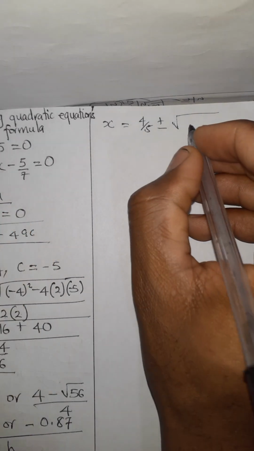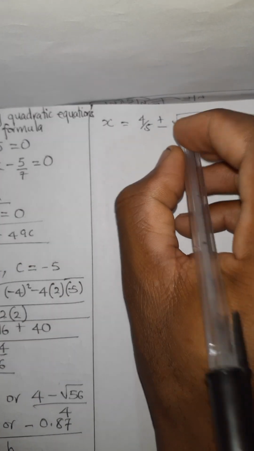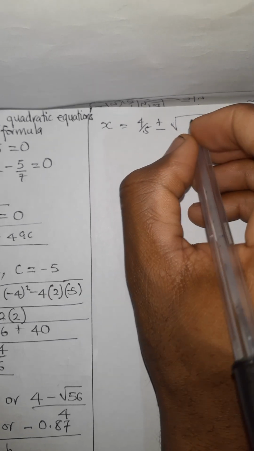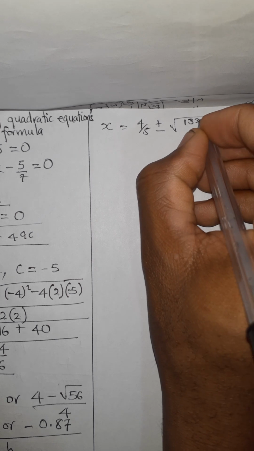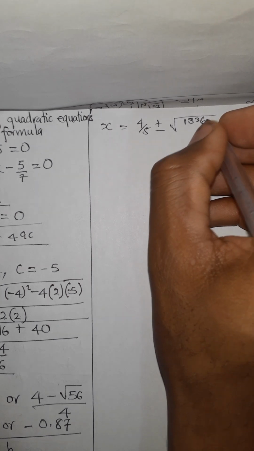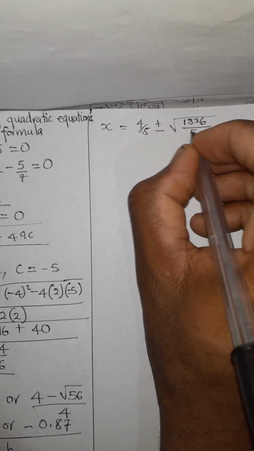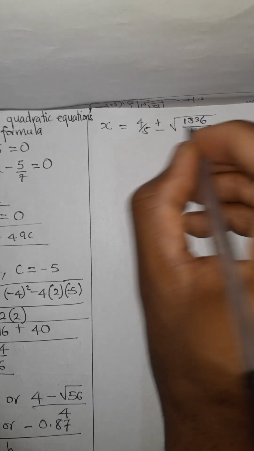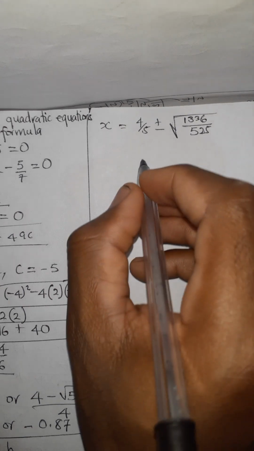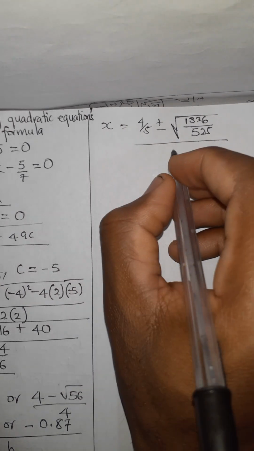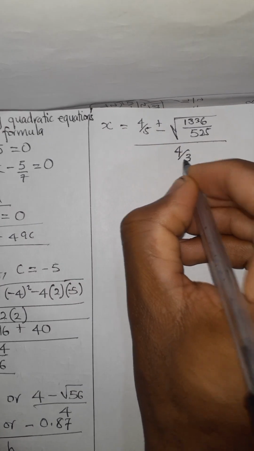So multiplying those, we get 1336 over 525. That's after addition. Now they have this over 4 over 3.